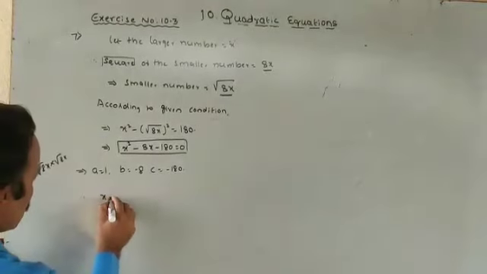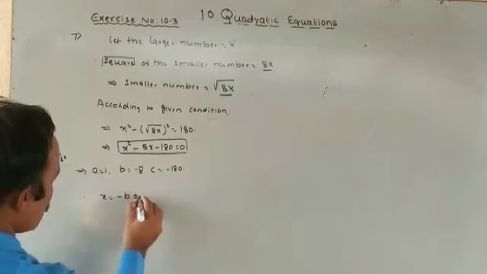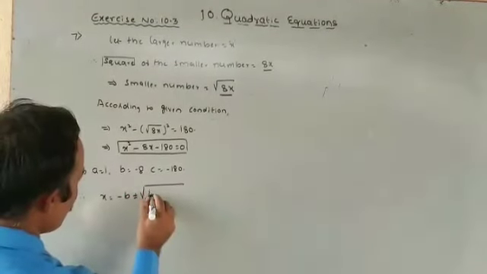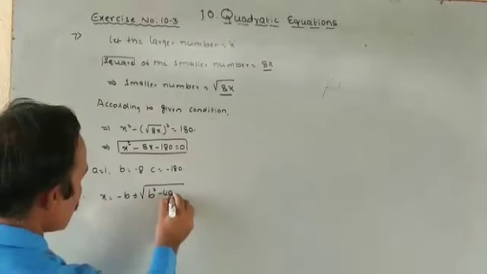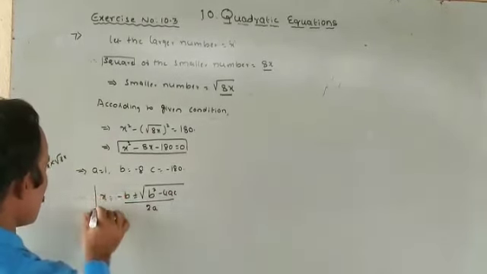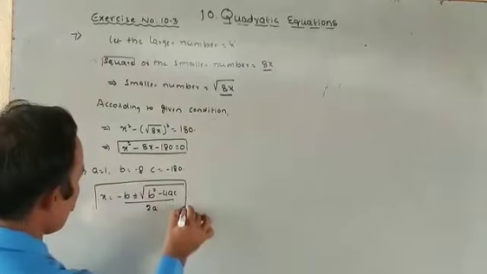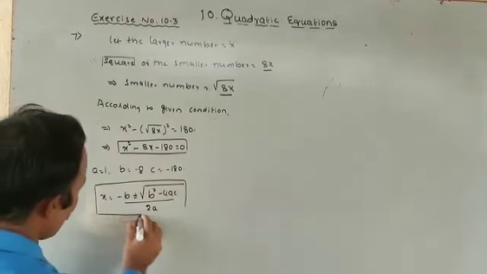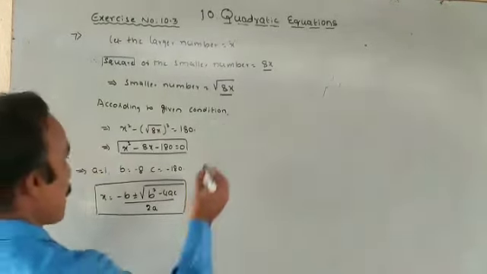Therefore, what is the formula? x is equal to minus b plus or minus under the root b square minus 4ac, whole divided by 2a. So this is the formula to find the roots of the quadratic equation.